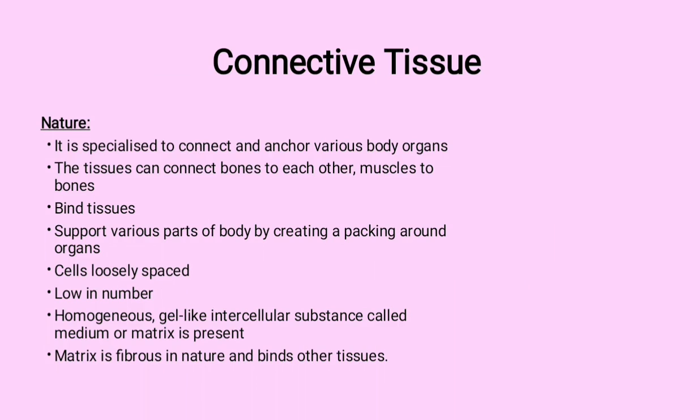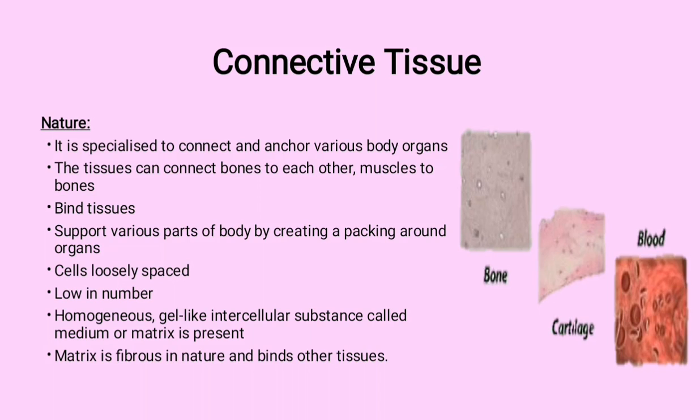Now our third type of animal tissue is the connective tissue. As its name suggests, it is specialized to connect and anchor various body organs. The cells of connective tissues are living, separated from each other. It means they are loosely spaced and they are low in number. A homogeneous, gel-like intercellular substance called medium or matrix forms the main bulk of connective tissue.